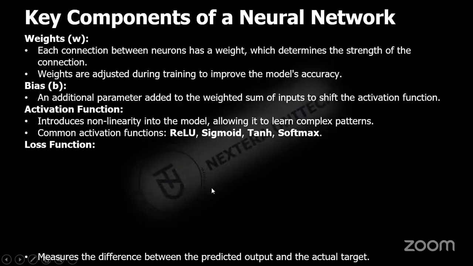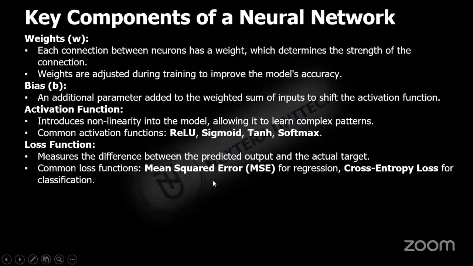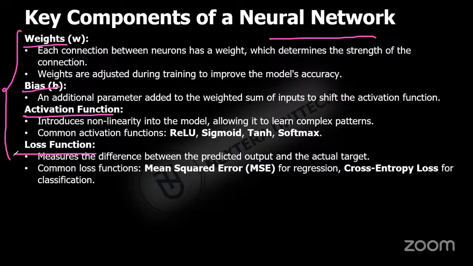They are called weights, bias, activation function, and loss function. But where do we use these? Within neural networks only. Till now we did not discuss them. But these are the key components of neural networks.